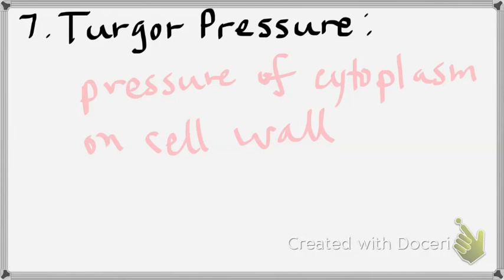Would you ever talk about turgor pressure for animal cells? No. Why not? They don't have cell walls. So turgor pressure is a topic that you and I will talk about when we're doing plants.